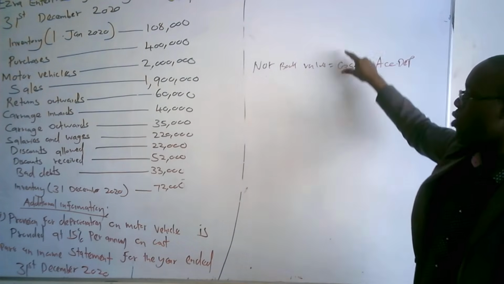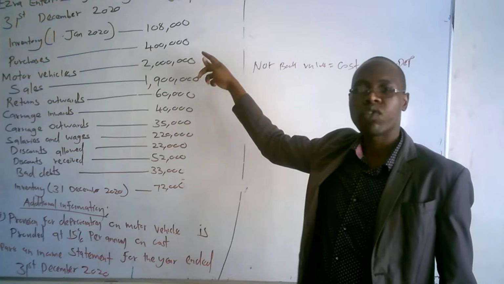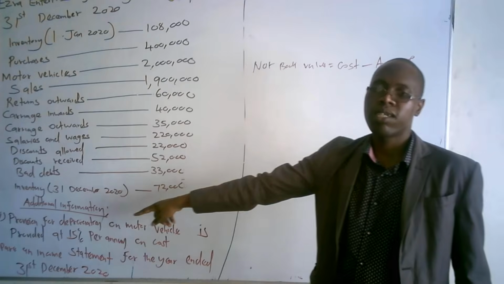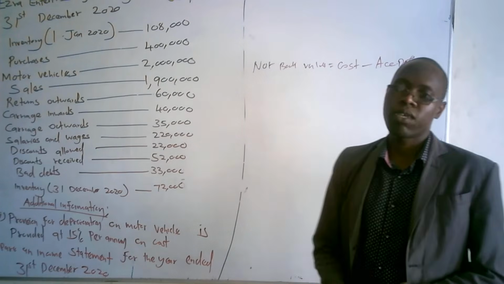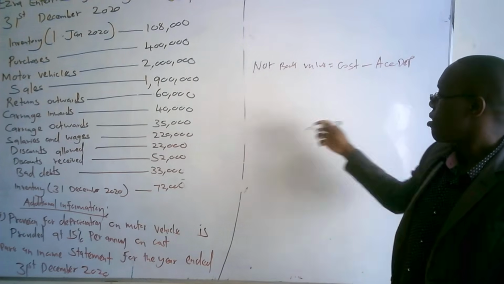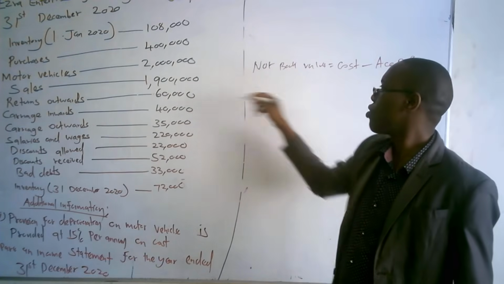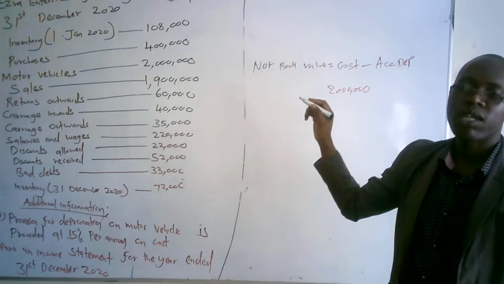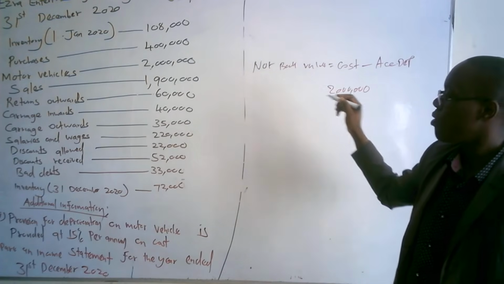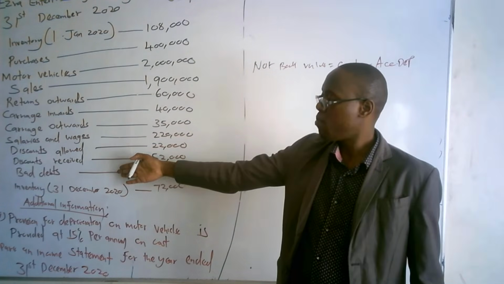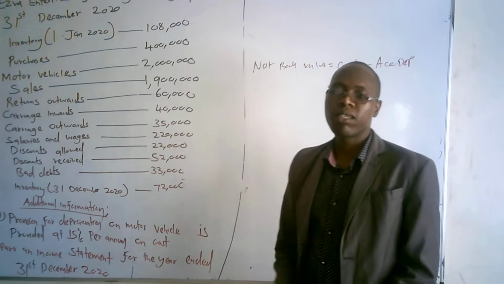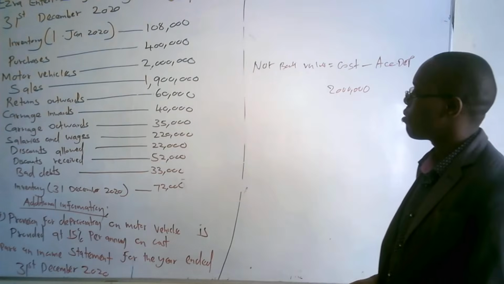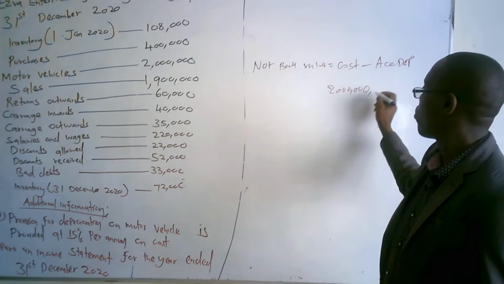If we are going to calculate depreciation on the net book value, then we must first take the cost that you have been given, and of course they will give you accumulated depreciation. You deduct it before you calculate the depreciation. For example, in this one the cost is 2 million. If they wanted us to calculate depreciation on the reducing balance method, they could have given us information here that the accumulated depreciation for that motor vehicle was maybe 200,000.